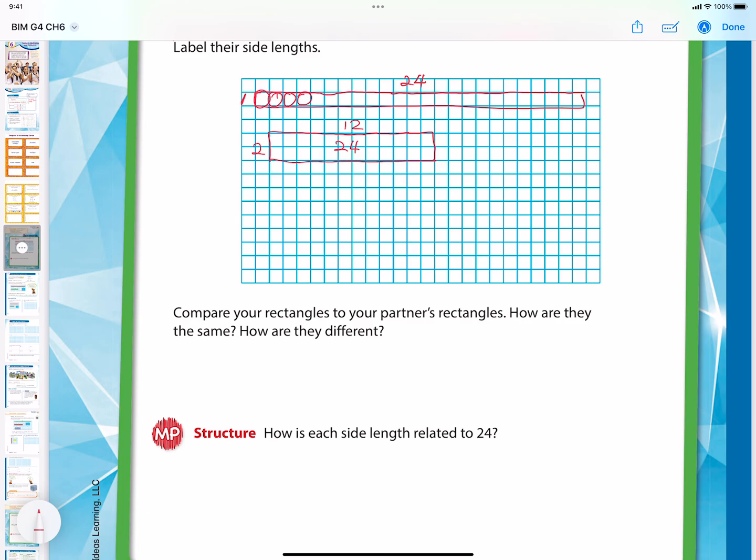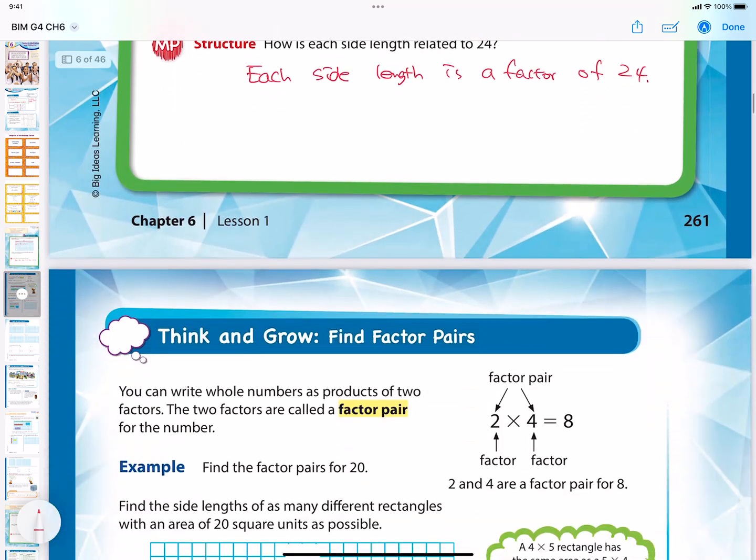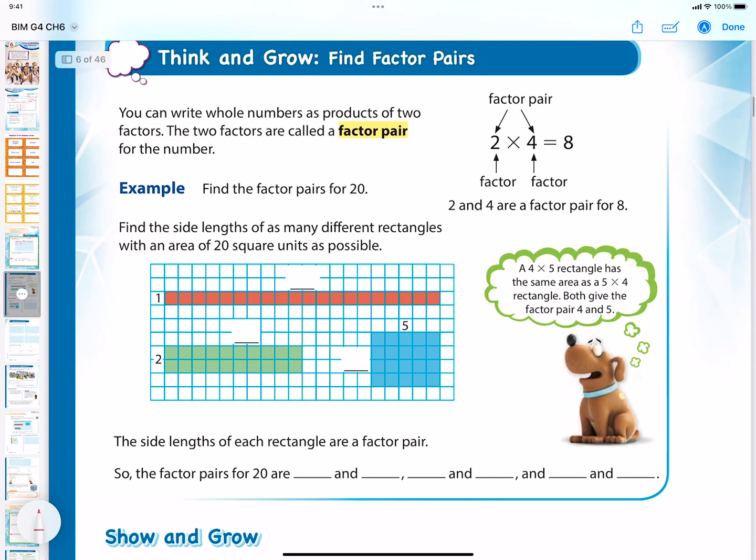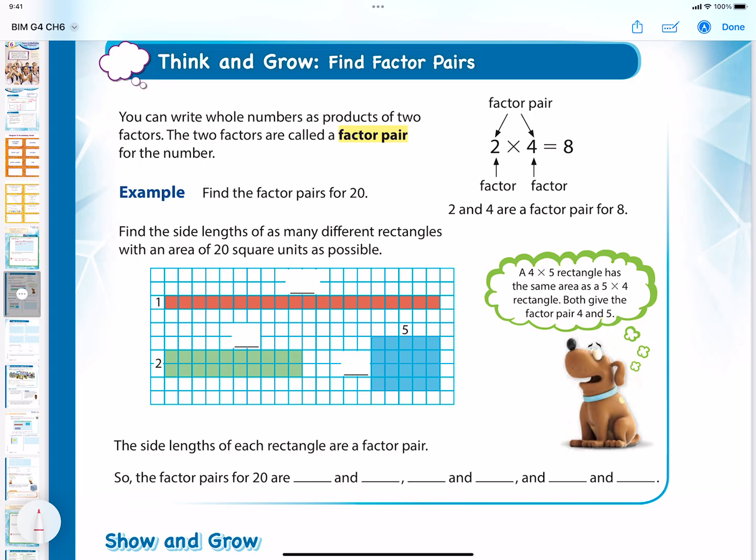Yes, we can say each side length, which is like 1 and 2, 24, 12, those are what? The factors of 24. Okay, so we are going to move on and practice more to find the factors.